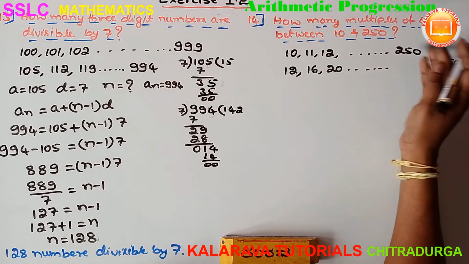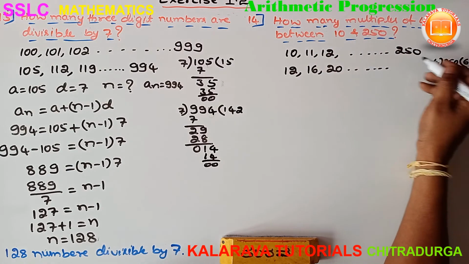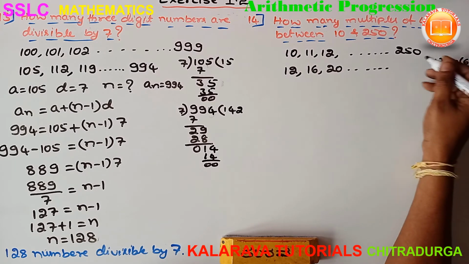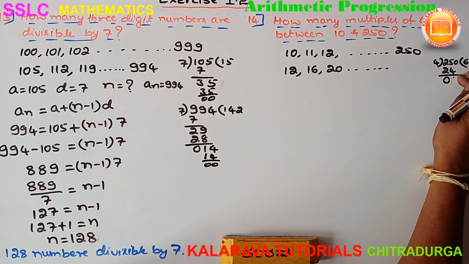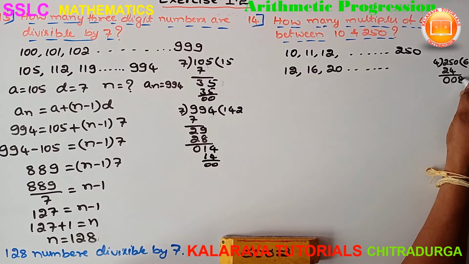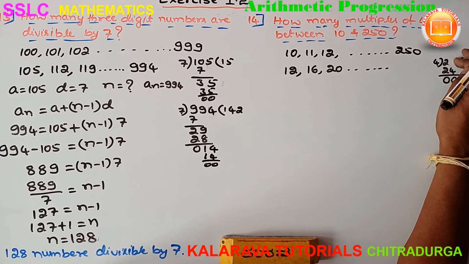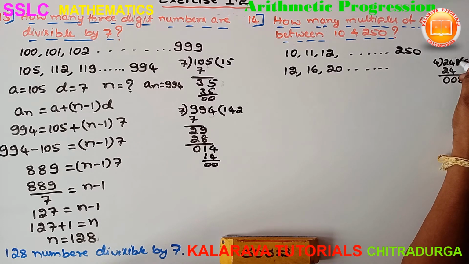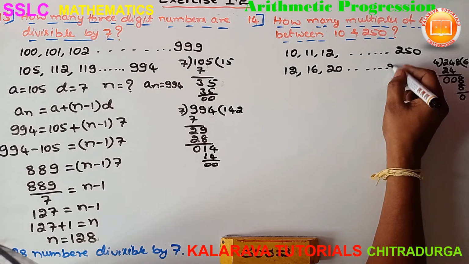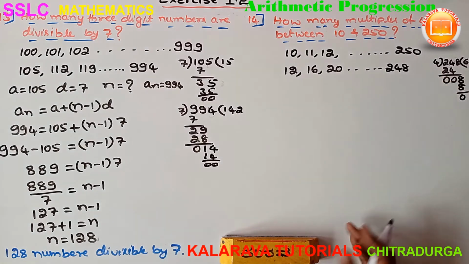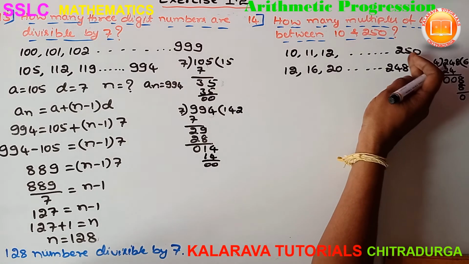The previous number of 250 which is divisible by 4: here we have to take the digit 8. So in the place of 250, we take 248. 4 twos are 8, that gives you 0. So 248 is the last number which is divisible by 4 within 250.